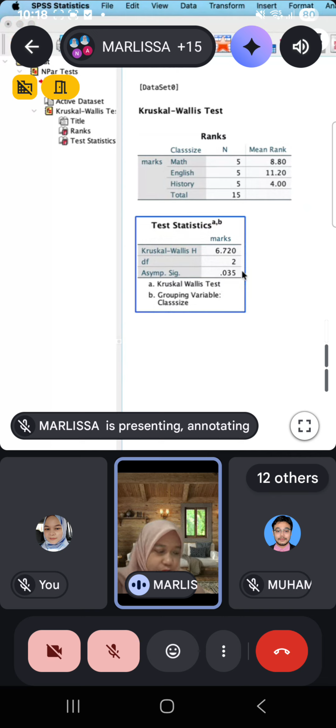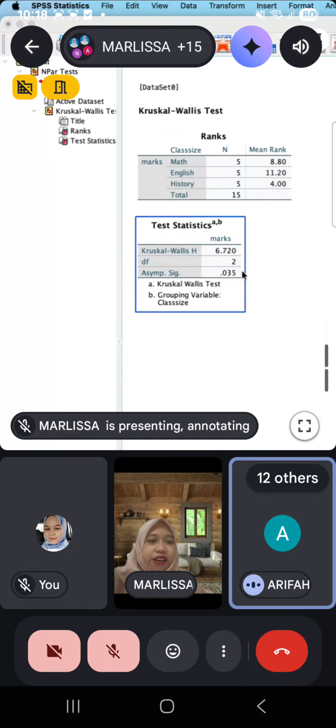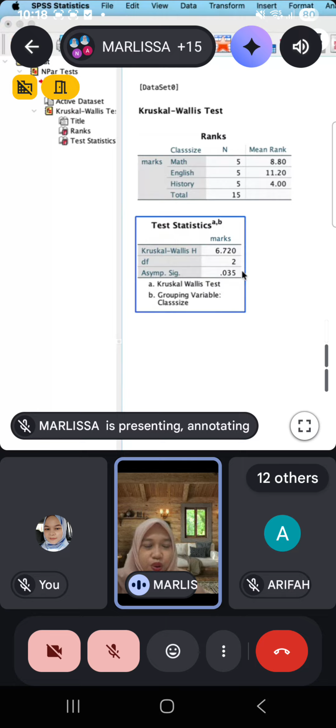If it is less than 0.05, do we need to reject the null hypothesis? Reject. So we reject the null hypothesis, meaning that there is a difference between the groups. So this is what we have to do for the Kruskal-Wallis test.